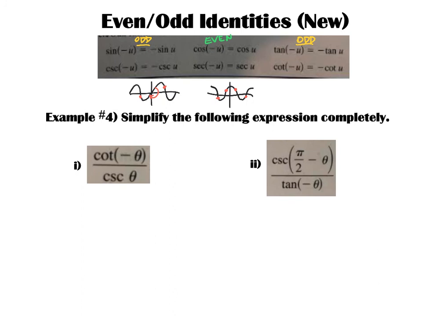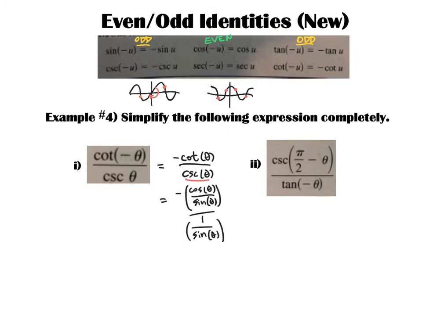Cotangent is an odd function. Therefore, I can rewrite cotangent of negative theta as negative cotangent of theta over cosecant of theta. From there, I'm going to rewrite them in terms of sine and cosine using the quotient identities. So this will be negative cosine theta over sine theta, that's negative cotangent theta, over cosecant, which is 1 over sine of theta.